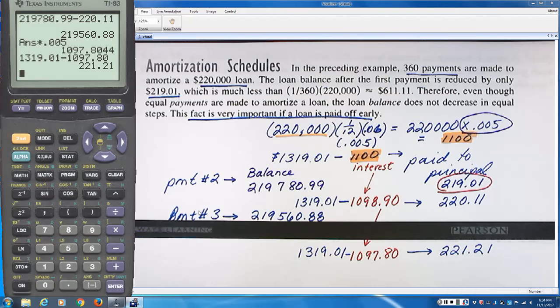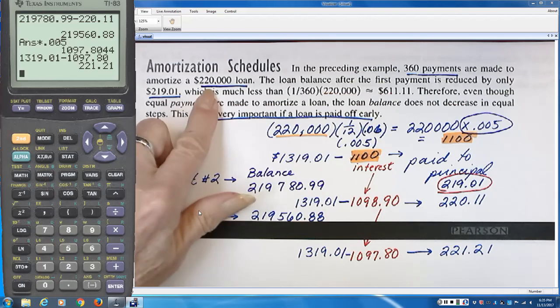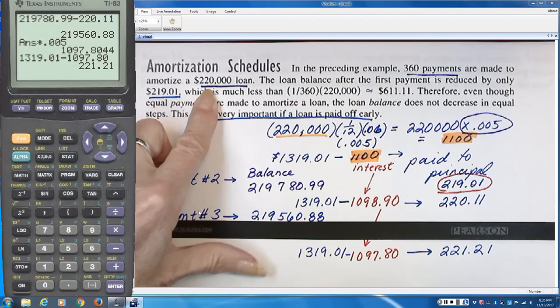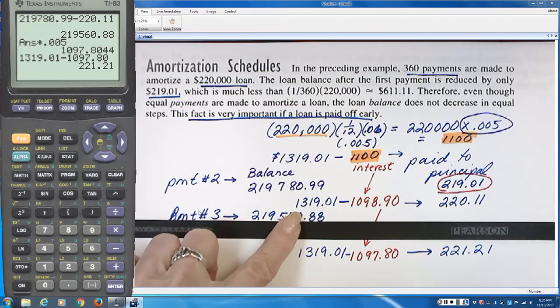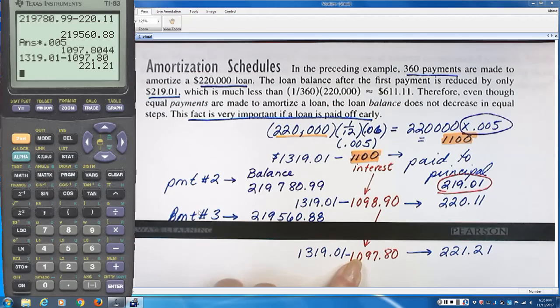And very slowly, this amount gets smaller, and equally slowly, this amount gets bigger. So that's why it takes so long to pay off a mortgage, because the mortgage present value or principal is so much, and the payments you're making sound like a lot, but you're still paying interest on that huge principal, and it's coming out of every single one of your payments.